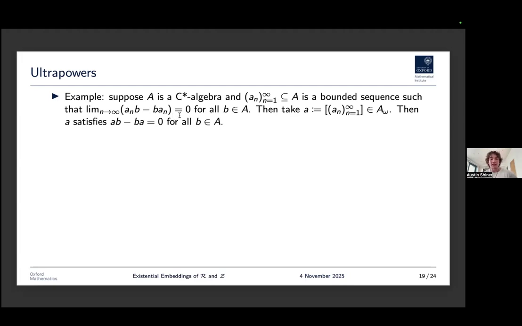And what the ultra power lets us do is find one single element that commutes on the nose with all elements of A. So what is that element? We just take the equivalence class of our sequence. So we set little a to be the equivalence class of the sequence a_n, and then you can check that a satisfies ab minus ba equals 0 for all b in A.